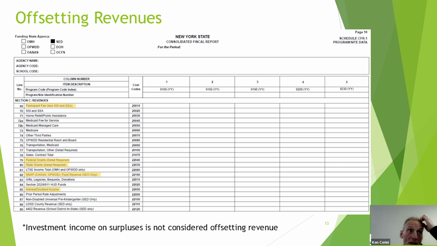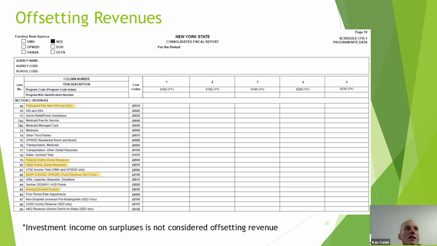So that contribution would be considered offsetting revenue for purposes of the CFR. If you have a food program, I mentioned that would go on line 82. If you have interest or dividend, to the extent that there's interest expense, that would go on line 85.